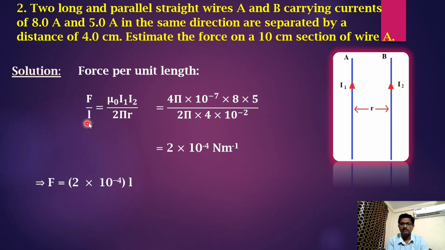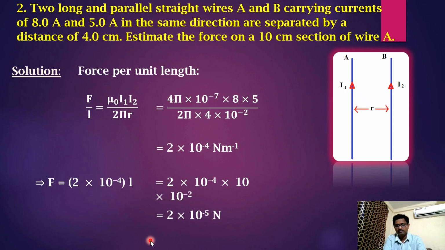Now we have to calculate the force. Moving L to the right side, force is equal to 2 into 10 power minus 4 into L. Here L is 10 centimeter, that is 10 into 10 power minus 2 meter.